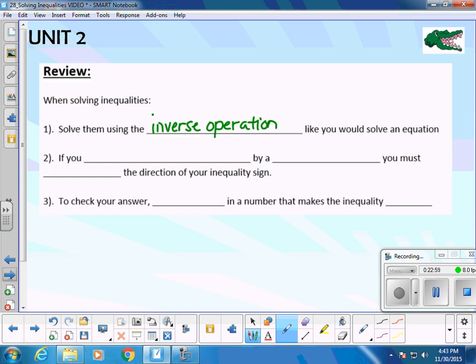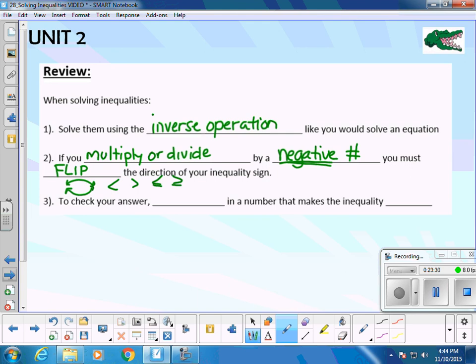If you multiply or divide by a negative, it's important that you know it has to be a negative number, then you must flip. So think it goes like this. If it was this way, it goes to this. Or if it was this way, it goes to this. So that's all you're doing is changing the direction of your inequality sign.